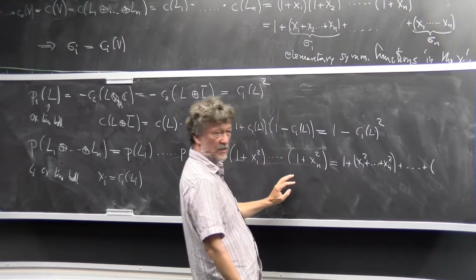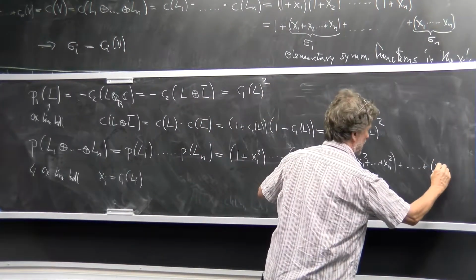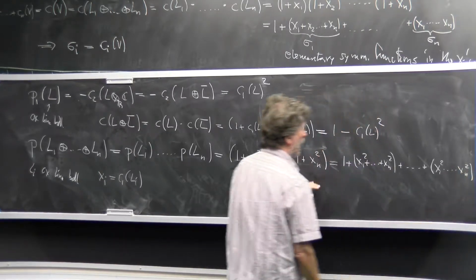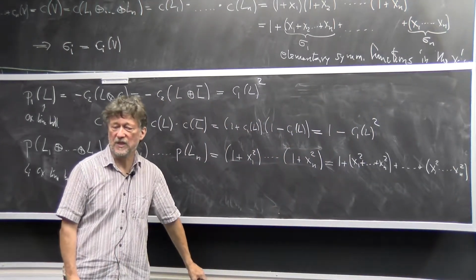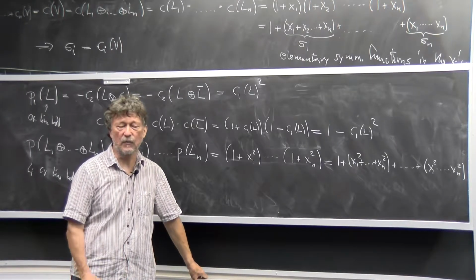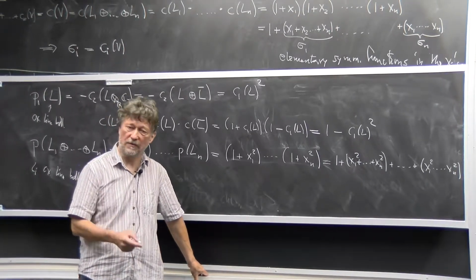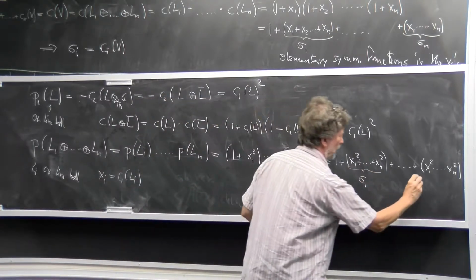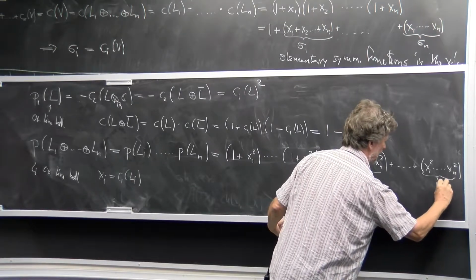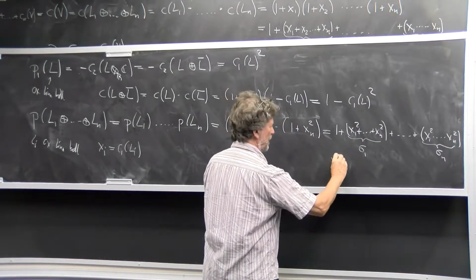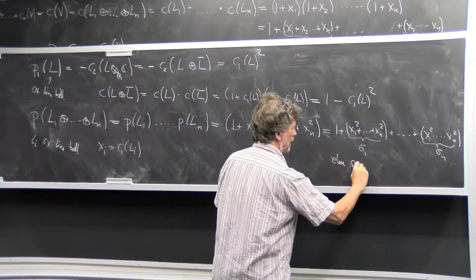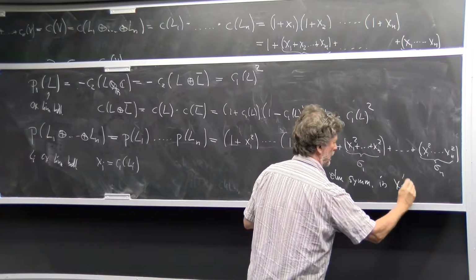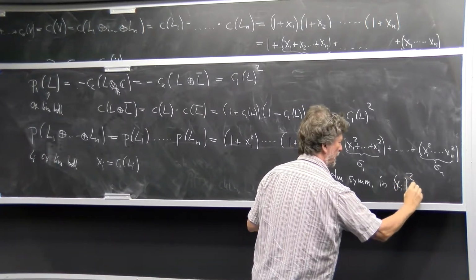Let me write down the highest term, which is the product of all of these things: x1 squared through xn squared. So again, we see that the elementary symmetric functions come up, but this time not of the xi's, but of the squares of these things. So this is sigma 1, and this is sigma n, the elementary symmetric functions in the squares of the xi's.